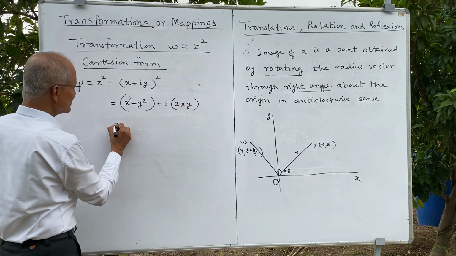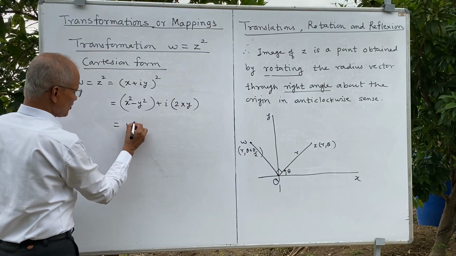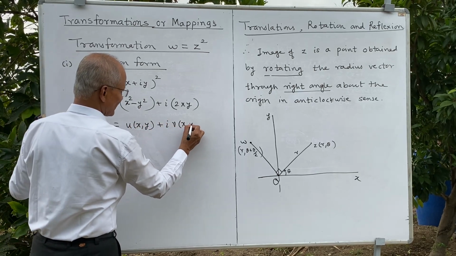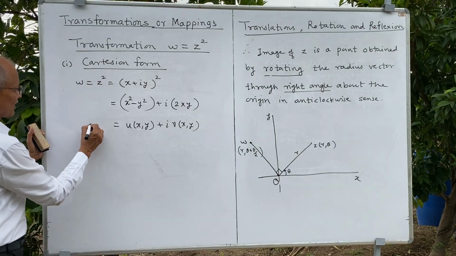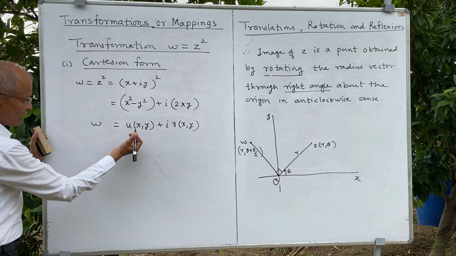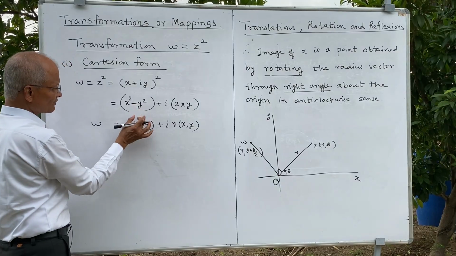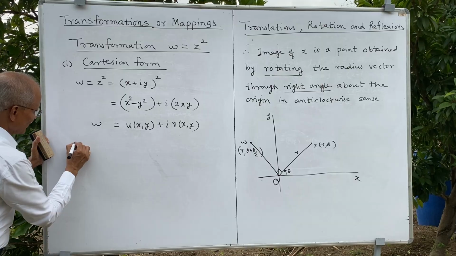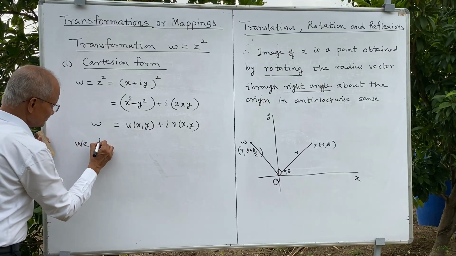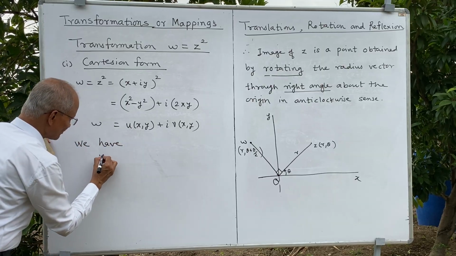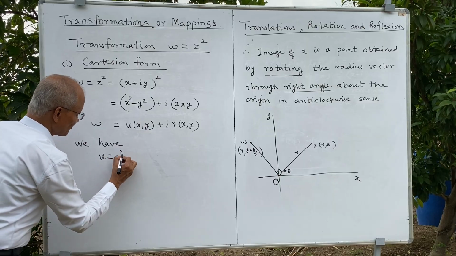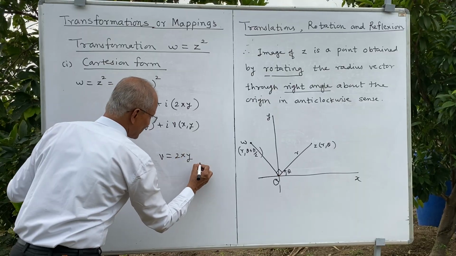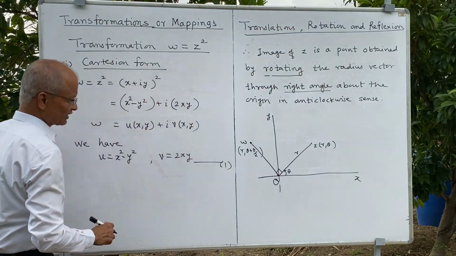If you put this in the form of u of xy plus i v of xy, then we have u is equal to x square minus y square and v is equal to 2xy. We shall call these equations 1.